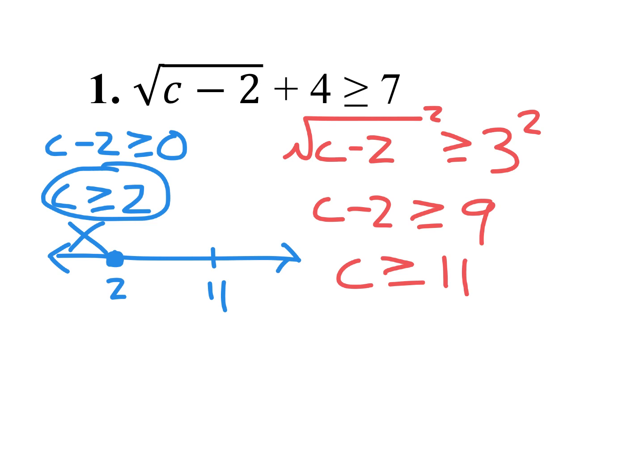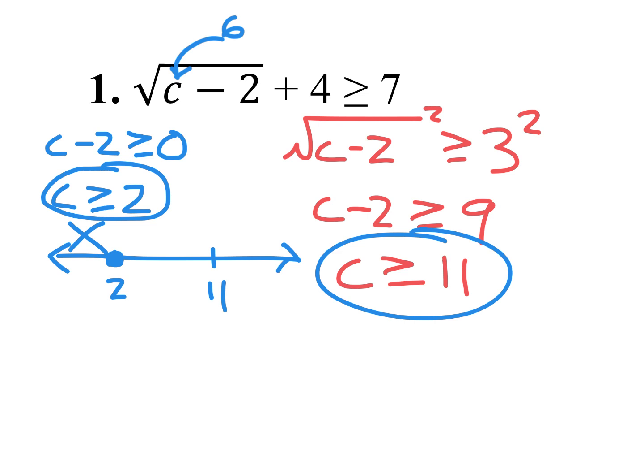All right, and now let's figure out if this is telling the truth. So let's test numbers in each area. Between 2 and 11, I think a nice number to plug in would be 6. The way I came up with 6, I was trying to figure out what I could plug in where if I subtract 2, it's a perfect square.